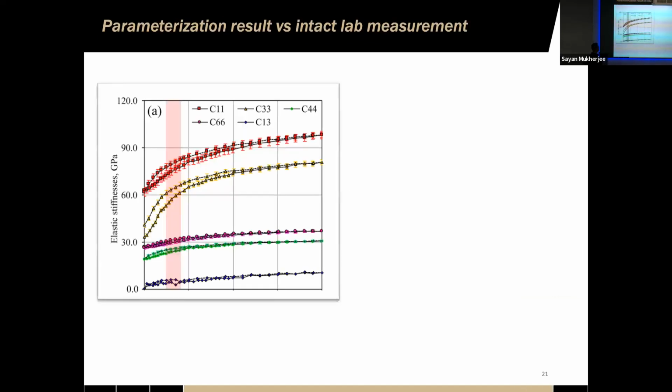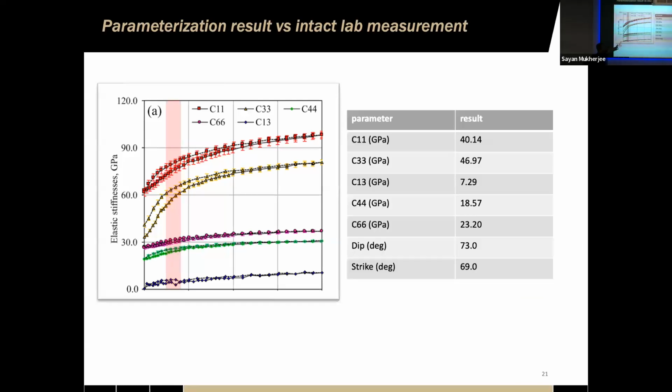And here is the result from the lab intact core measurement. This is the result from the inversion. One thing we can observe is that all these elastic parameters get lower compared to the intact core. And you see the dip is 73 degrees. We can recall the Alpine Fault is dipping about 65 degrees southeast.